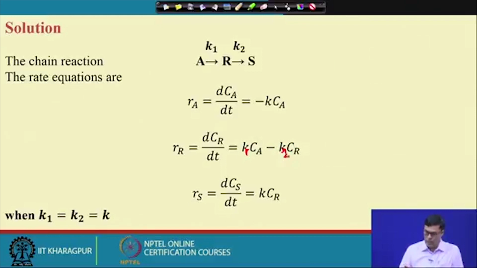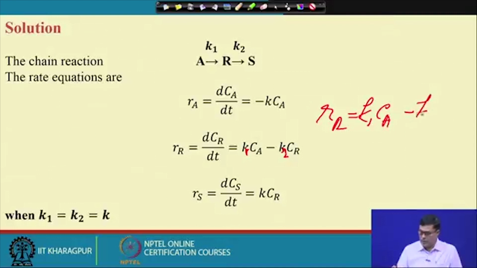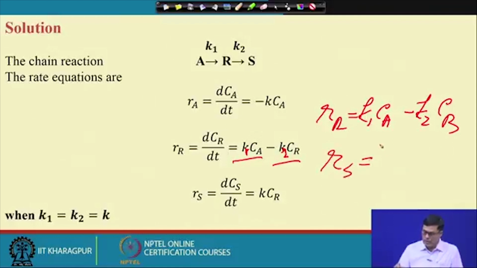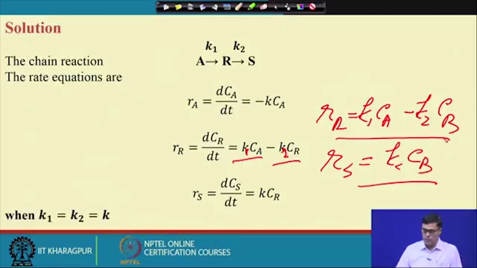So, I can write like this, that rR equals K1 into Ca minus K2 into Cr. And the rate of formation of S, rS, will be what? It will be equal to K2 into Cr. We have seen this before also. This is how it can be expressed.